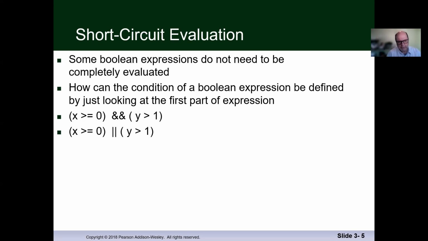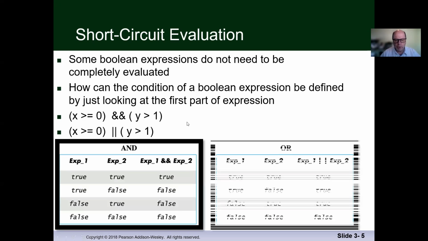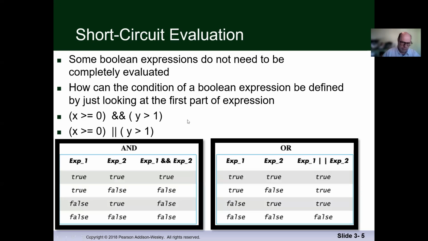One of the questions that comes up is if we have AND or OR expressions like this. Of course, it can be much more than this, but let's focus on these. If we look at our AND, OR truth table, how can I look at just the first one and figure out the whole thing?